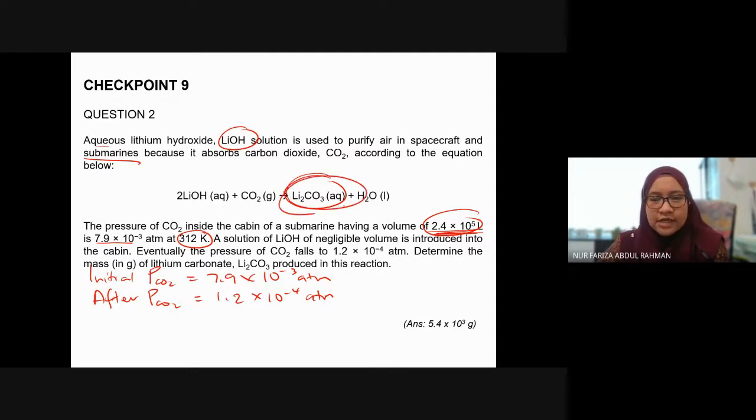So the question is asking for lithium carbonate produced in this reaction. How is lithium carbonate produced? When lithium hydroxide reacts with CO2.